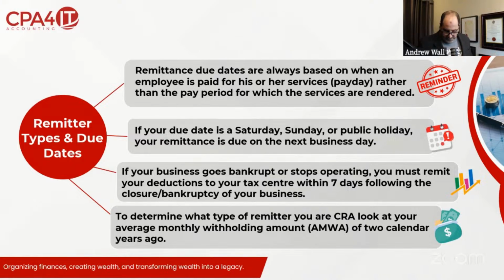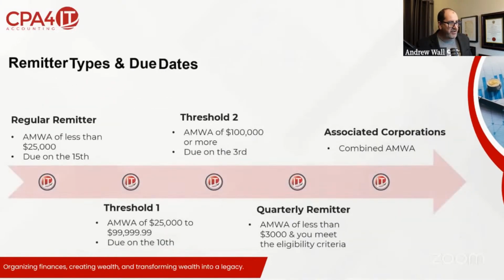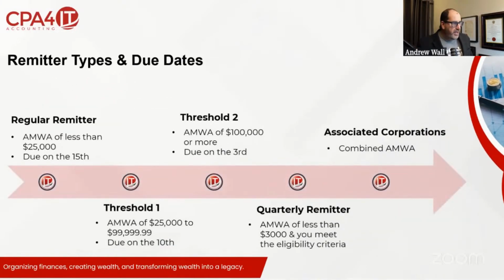So now looking at that understanding of how they determine what type of remitter you are, you can see that the default is a regular remitter. And in fact, for your first 2 years, because it's based from 2 years ago, you will be considered a regular remitter, and you'll actually have until the 15th of the following month in which you've made your payroll remittance. So it would be by January 15th.